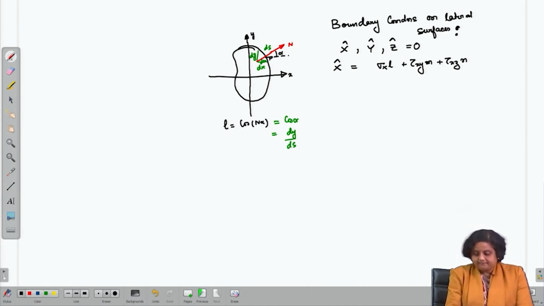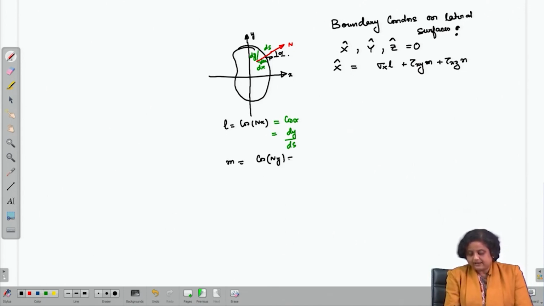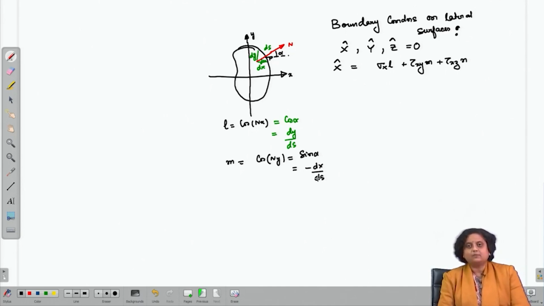Similarly, m, which is cos of n with y, can be written as sin alpha, which is going to be minus dx by ds, because dx is in the opposite direction of the positive x axis.